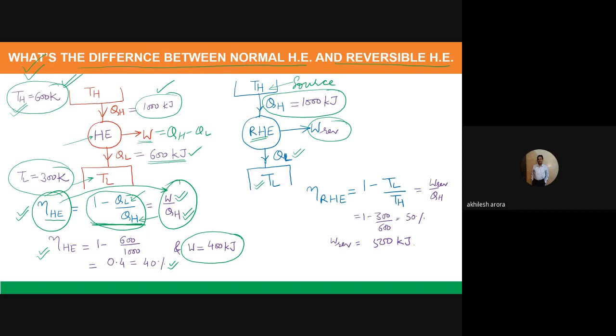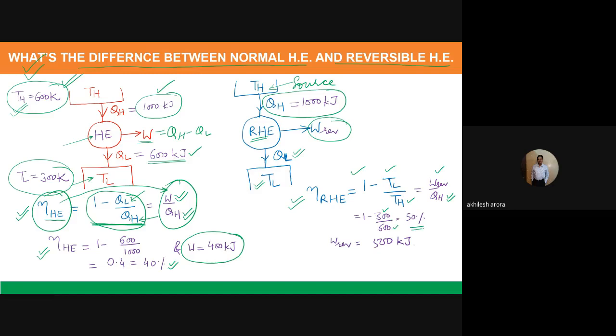Now let us try to understand how we are going to calculate its efficiency. So the efficiency of the reversible heat engine will be calculated using the equation 1 minus TL over TH. And now this is also equal to W reversible divided by the heat supply. So you can see when I put these values, I get TL as 300, this is 600.